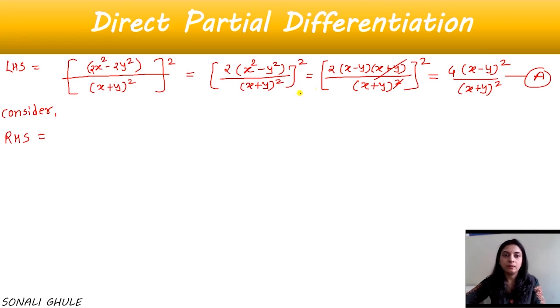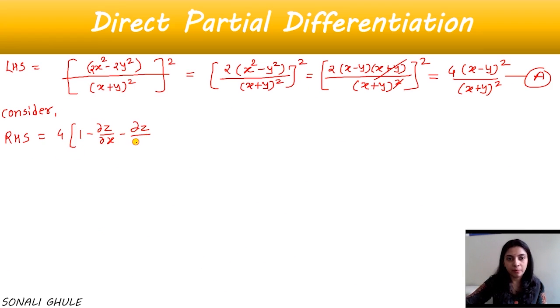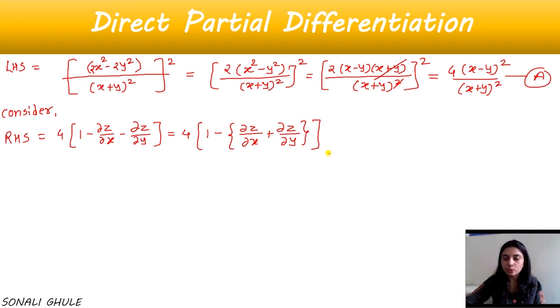Now here, I can write this taking this minus sign common: dou z by dou x plus dou z by dou y, right? I can write it like this also.